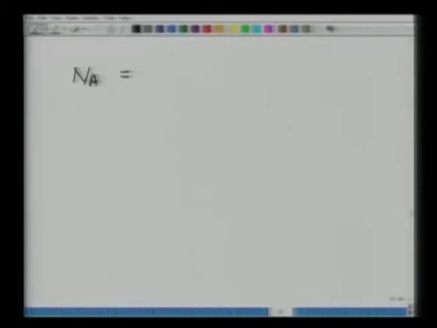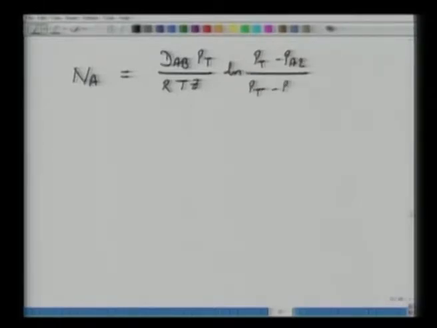So, we go back to our previous expressions integrated between 1 and 2 and obtain the relation for diffusion flux. On integration one can show that N_A equals D_AB P_t over RT Z, ln of (P_t minus P_A2) over (P_t minus P_A1). This is from the integration which we did in the previous lecture, and we can start from here also.